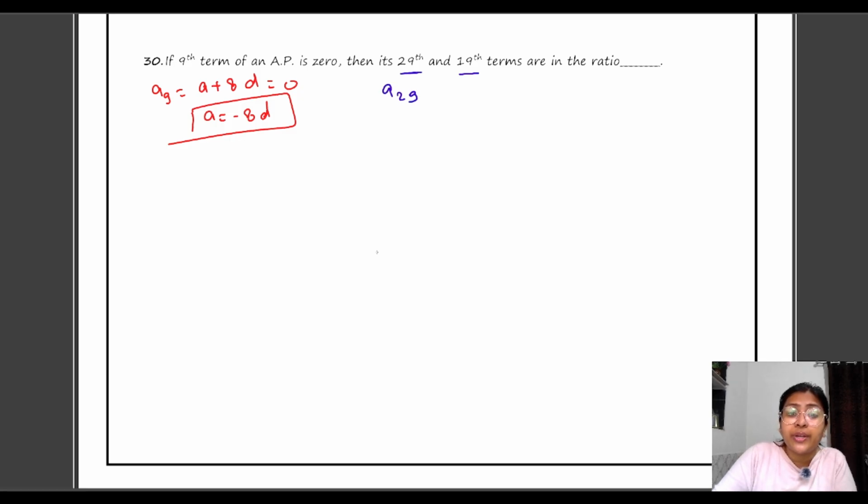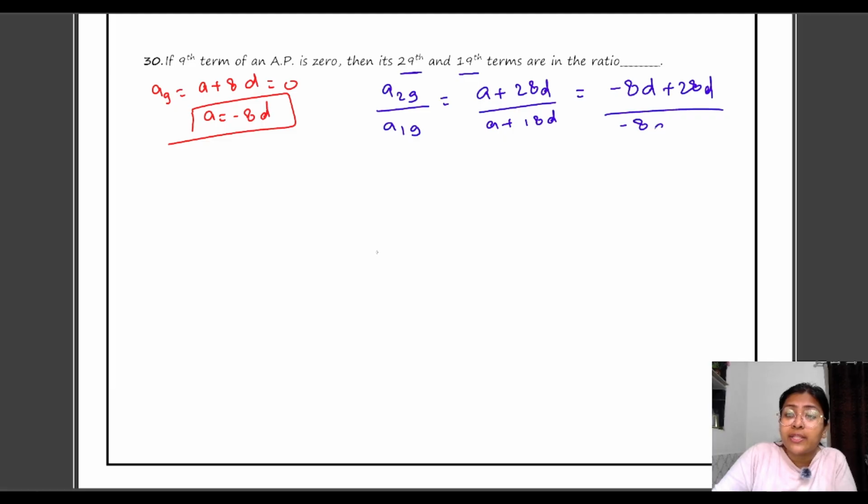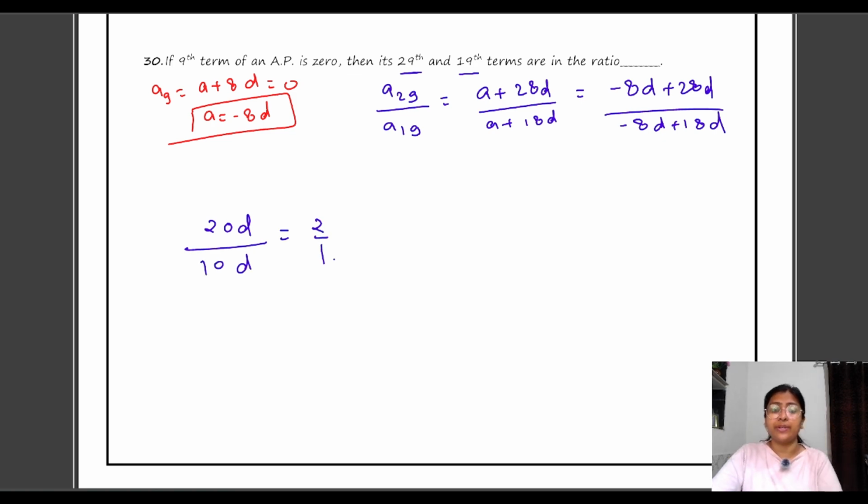We need to find a29 over a19. a29 can be written as a plus 28d, and a19 can be written as a plus 18d. The value of a is minus 8d, so minus 8d plus 28d divided by minus 8d plus 18d. Simplifying it, you will get 20d in the numerator and 10d in the denominator. So the ratio will be 2:1. So this is the answer.